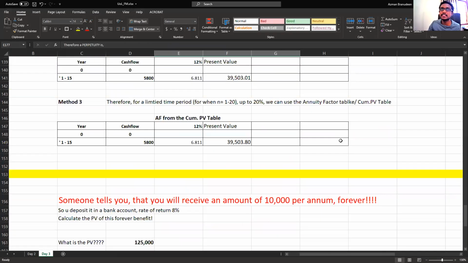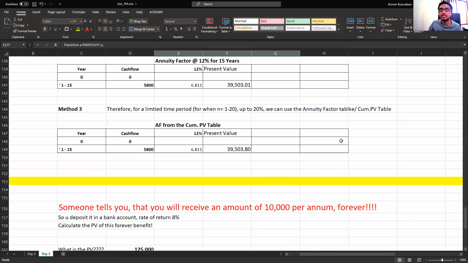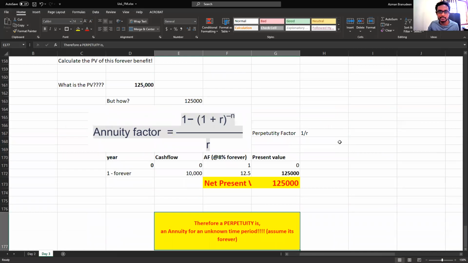Those are the 3 forms of cash flows that we usually work with: individual cash flows, annual cash flows for a known time period (an annuity), and annual cash flows forever.